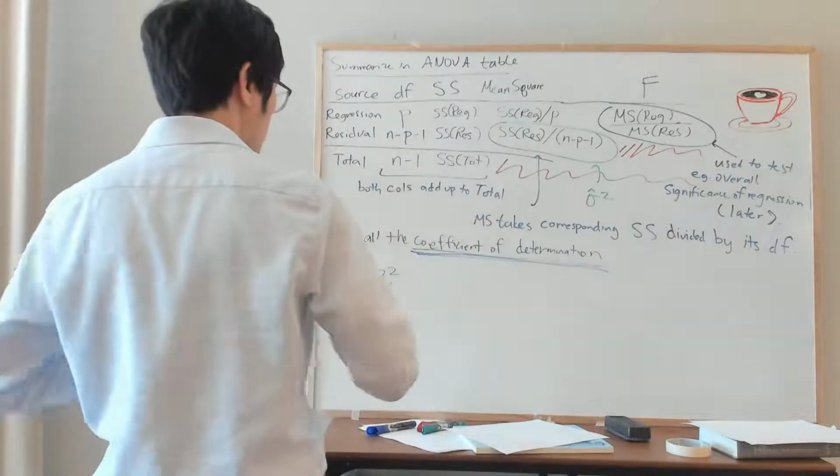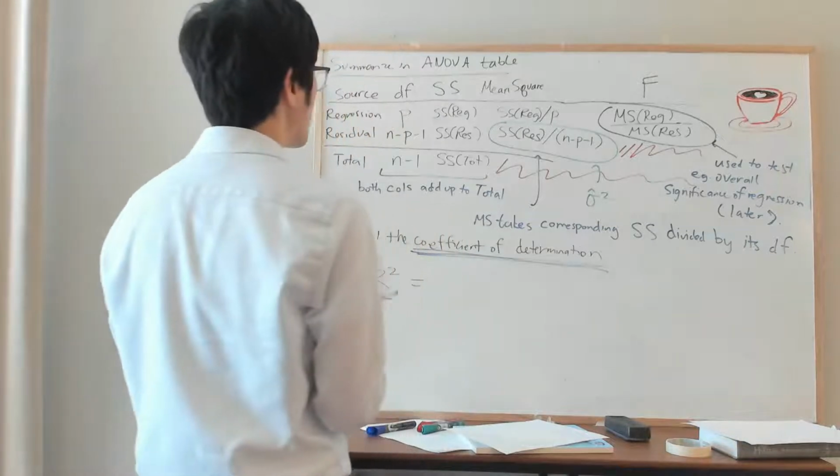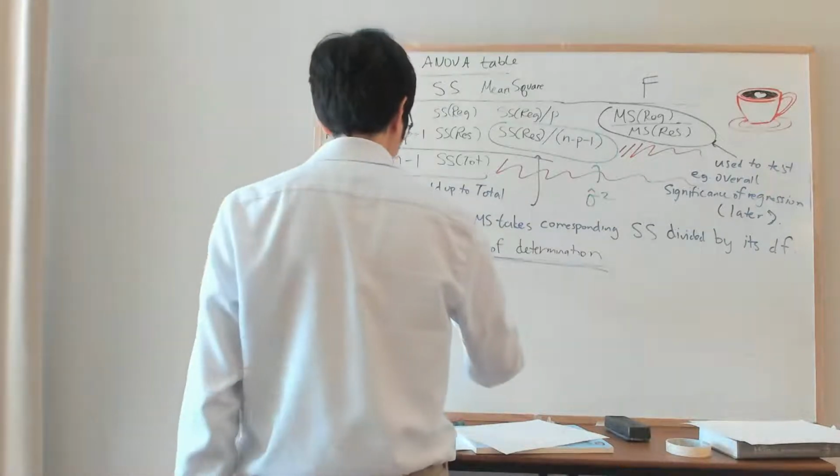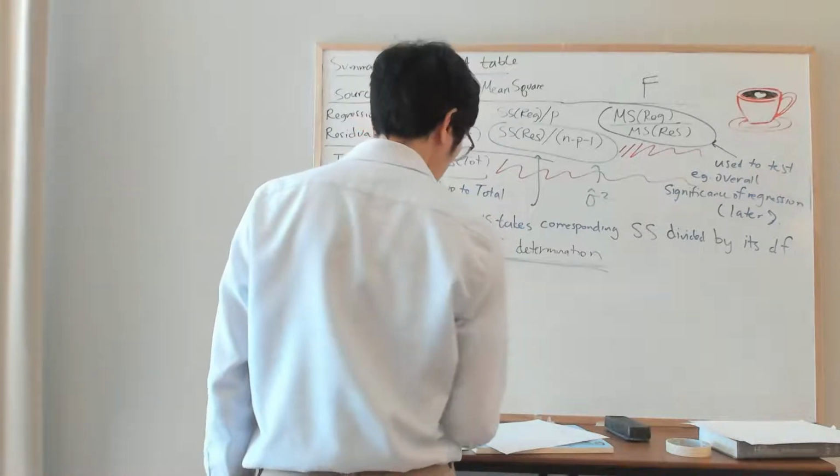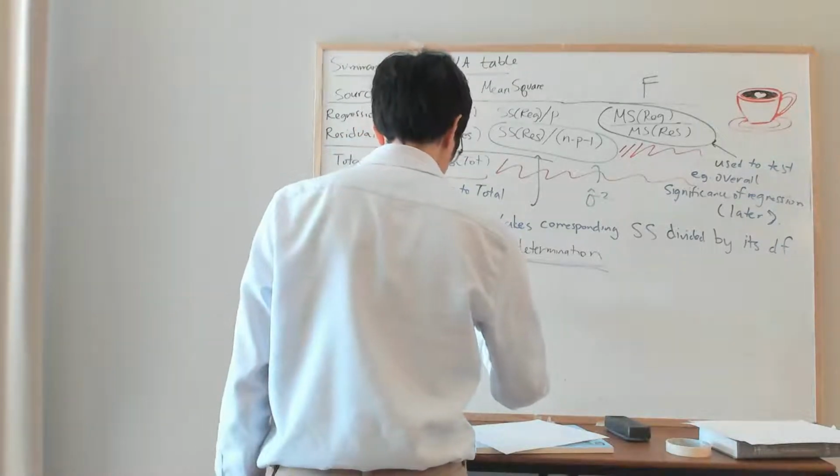R squared is defined as the ratio of the sum of squares regression divided by the sum of squares total.